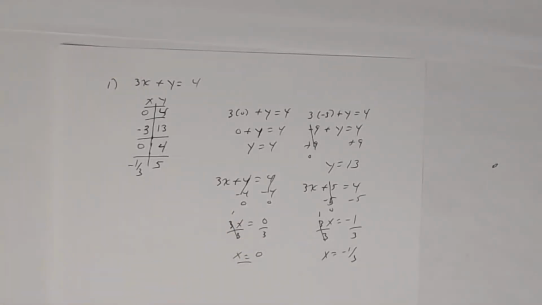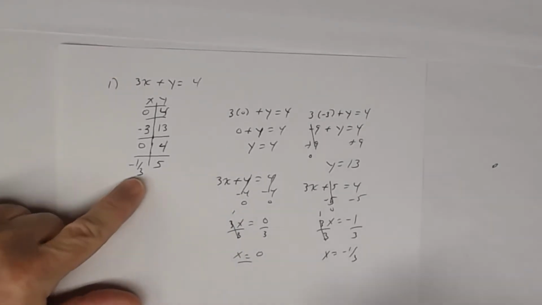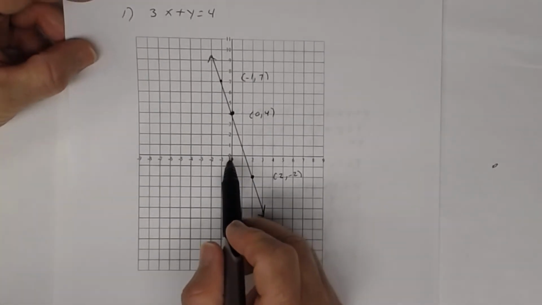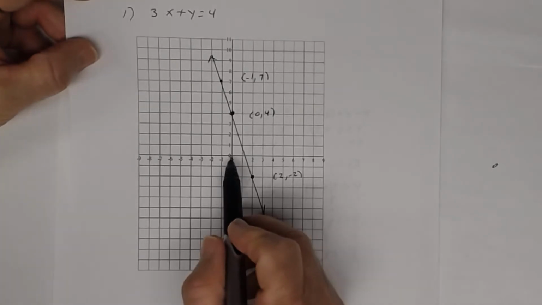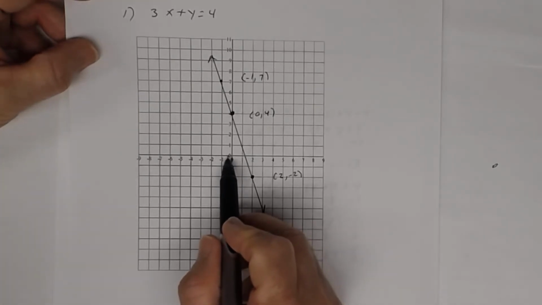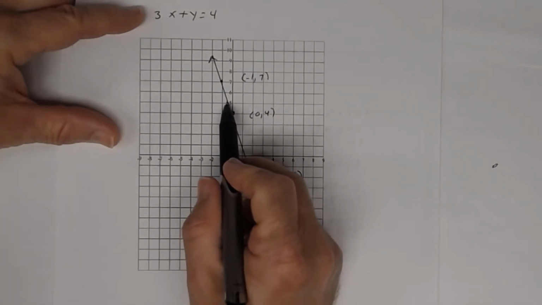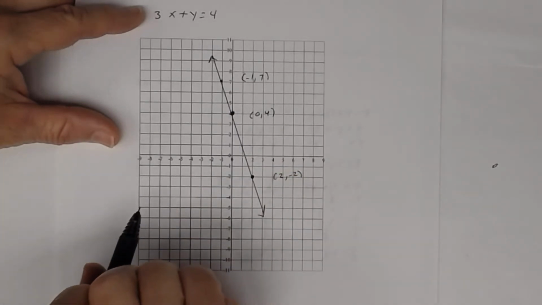When we go here, negative 1/3, 5, and you plot your point, you're going to have to estimate where negative 1/3 is. So you see negative 1/3 is about here, close to 0, on the left side of 0, and then for 5, you go up, and this right here is negative 1/3, 5.